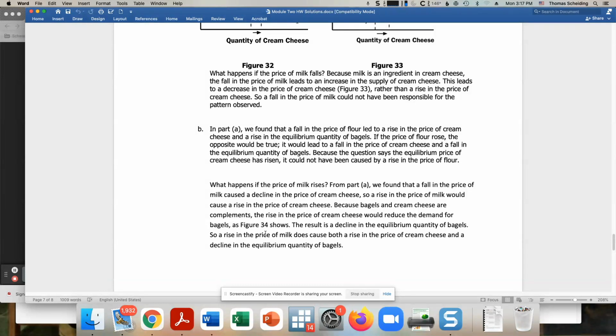What ends up happening is that because the milk is becoming more expensive, less cream cheese is purchased.